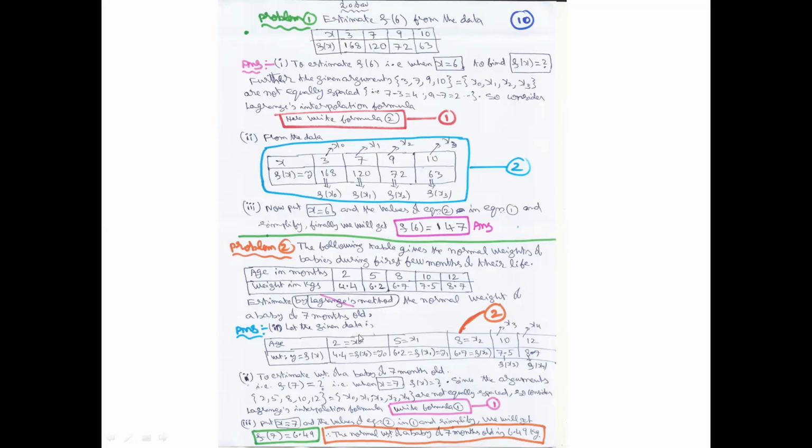So we have to use Lagrange's interpolation formula. If they don't mention it, we ourselves decide to apply Lagrange's interpolation formula. Write the formula, substitute x is equal to 7 and the remaining values, and calculate. You have to get 6.49 kgs.